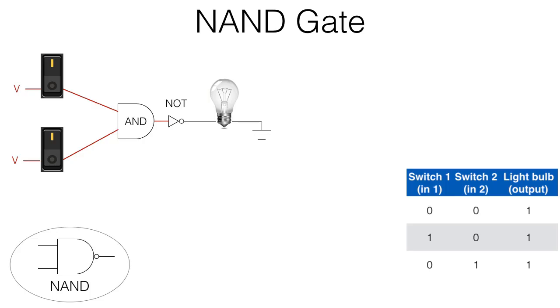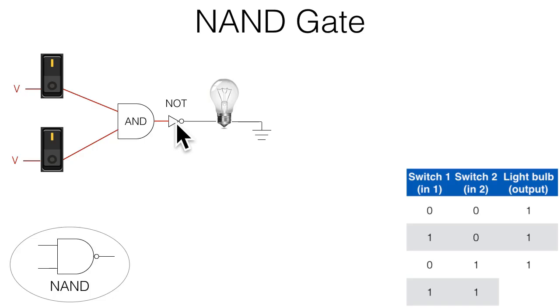Okay, here's where it might confuse you. Both switches are on. The light is off. I want you to take a second and look at this. What do you see? Both switches are on. So switch 1 is on and power flows through to the AND. Switch 2 is on and power flows through to the AND. So the output of the AND gate is on. What's the inverter do?